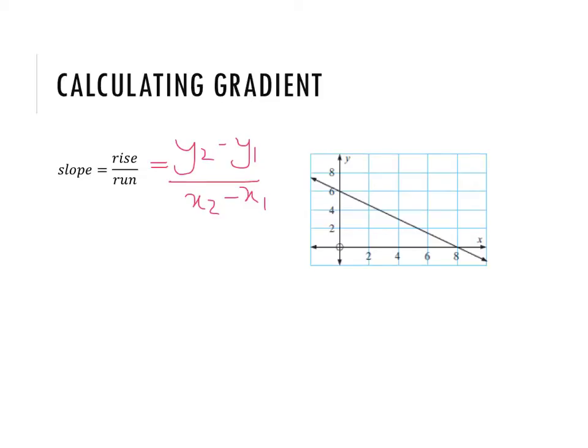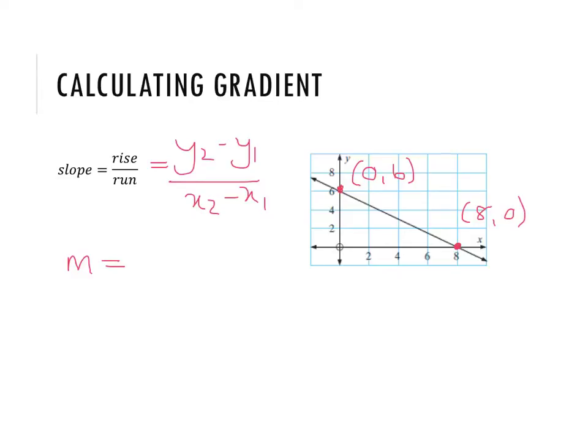So here we have our first point here at 0, 6, remembering our coordinates are always given as our x coordinate first, then our y coordinate, and a second point here at 8, 0. So then it's just a matter of substituting in those values to find our gradient. So we quite often use an m to represent gradient in terms of our linear graphing, and we just sub in.